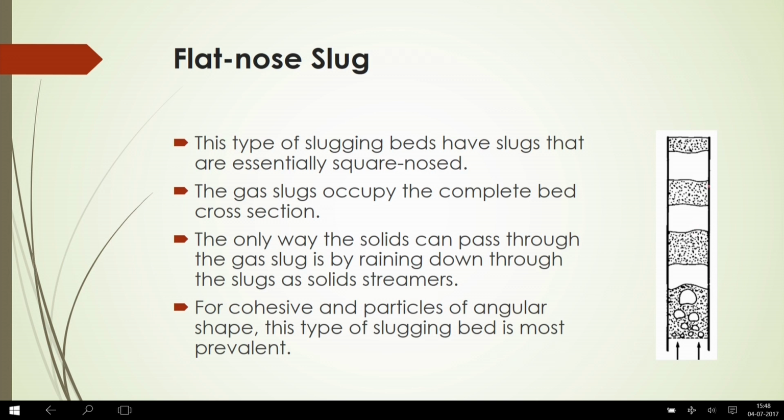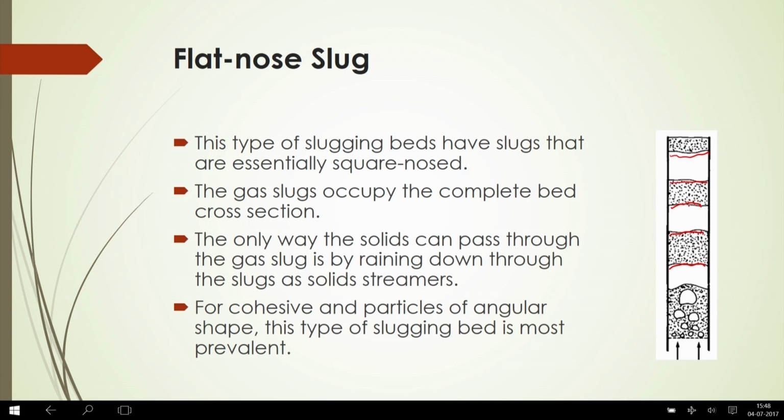And of course the shape of these slugs will be square nosed. Here, see, this is the square nose, this type of shape for this slugging is happening in this case.